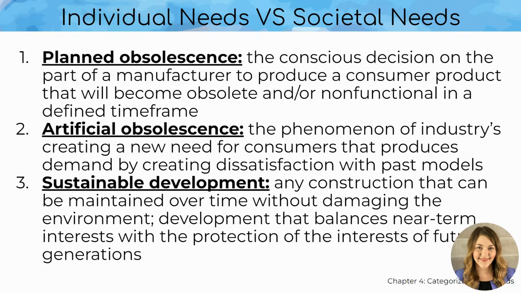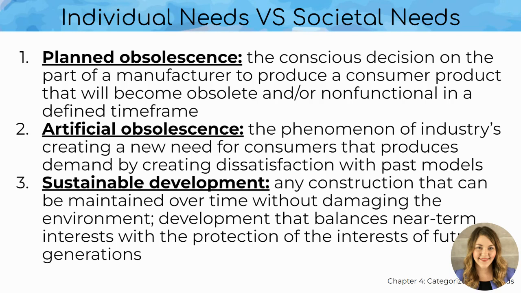The first one is planned obsolescence. This is the conscious decision on the part of a manufacturer to produce a consumer product that will become obsolete or non-functional in a defined time frame. General Motors decided to spur demand by creating dissatisfaction with a past model compared to new ones when it comes to the automobile's lifespan.